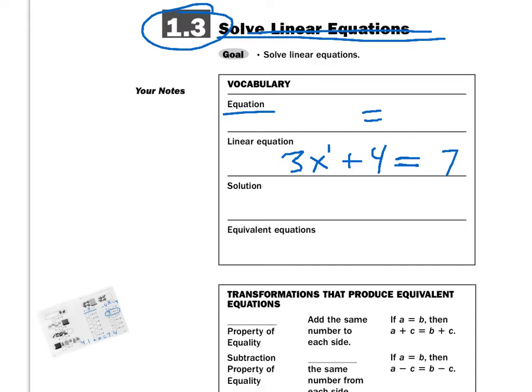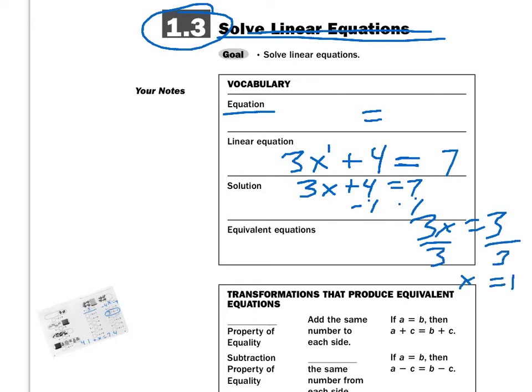A solution is just the answer. So if I said 3x plus 4 is 7, we would all solve 3x plus 4 equals 7 by subtracting 4 on each side and get 3x equals 3, and divide by 3, x equals 1. So the answer was 1.